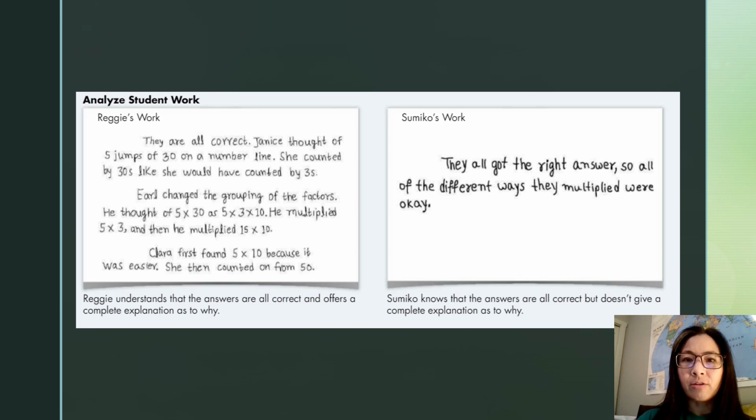A lot of times there are clues right there in the question, or in this case, the solve and share included explanations from these 3 students. A lot of it is kind of restating what information you know. So it's just an example. You don't need to write all of this down, but I wanted you to see the difference between 2 different answers, one that is complete and one that is incomplete.